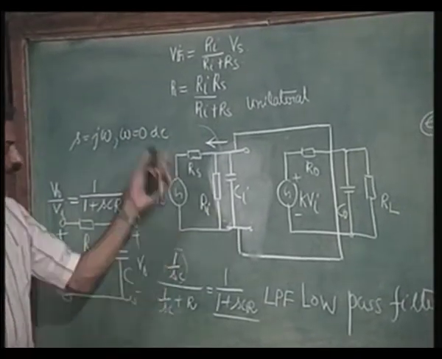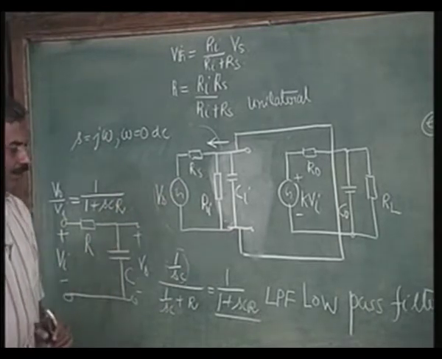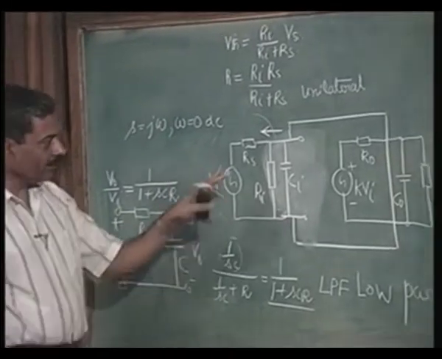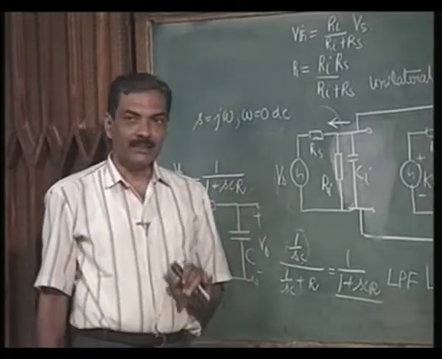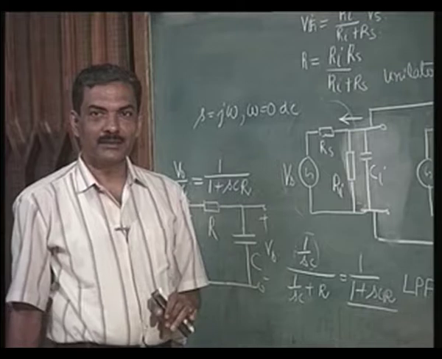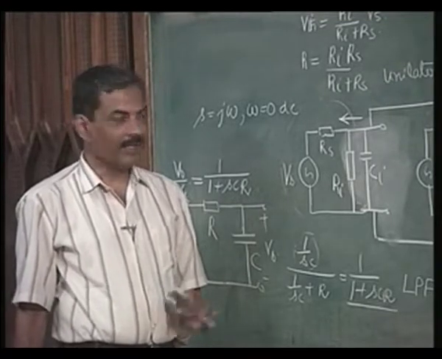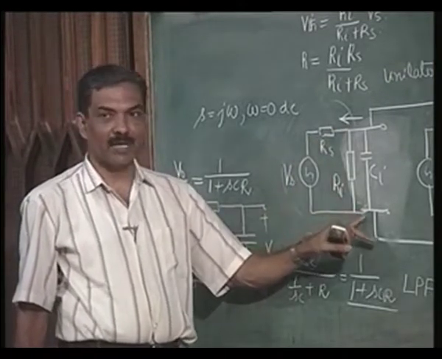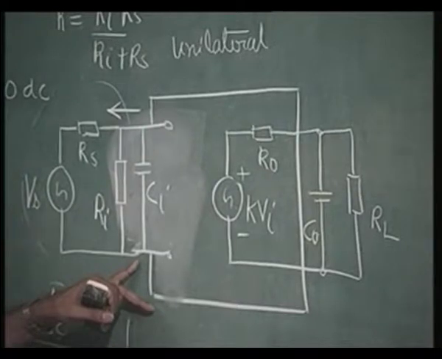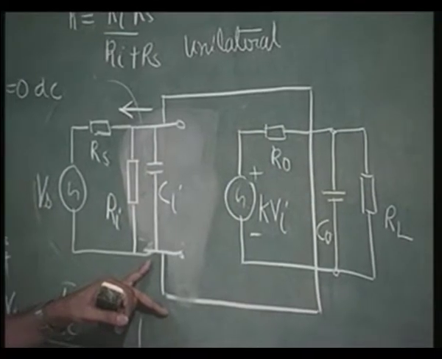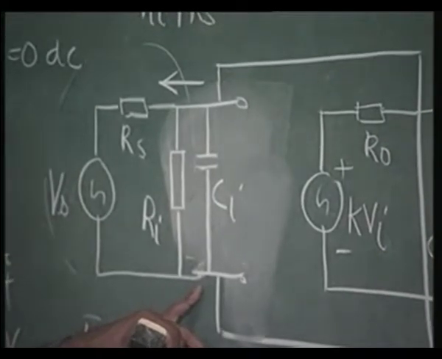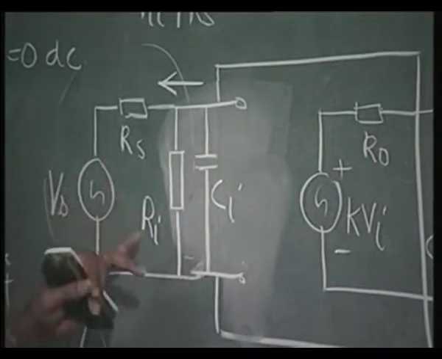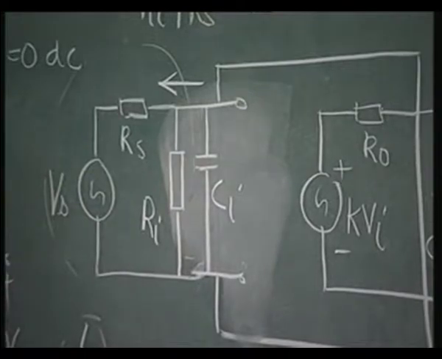So, I do not have to work out this structure for its transfer function. I can simply look at it and say that if the input capacitance is Ci, the effective resistance is found by finding the effective resistance across the capacitor as the Thevenin's resistance between the two terminals. That means, short circuit all the voltage sources and open circuit all the current sources and find out the resistance. That resistance will come in the denominator.